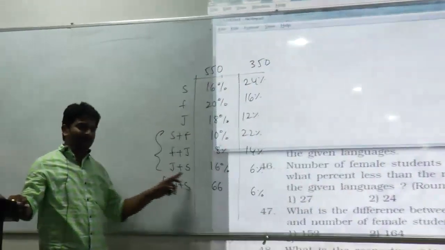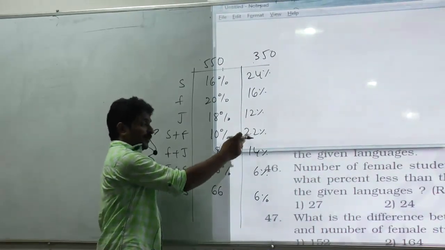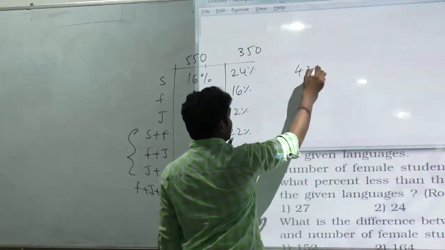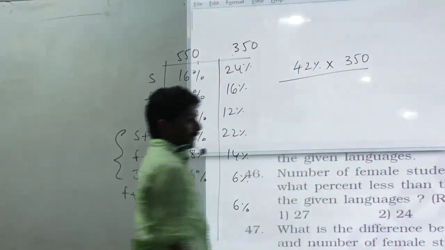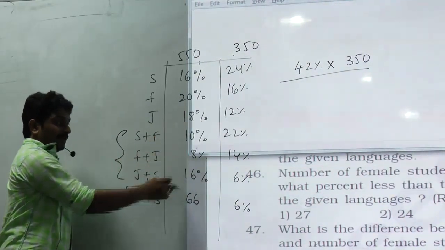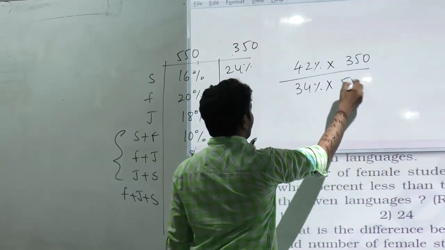Spanish, French, French, Japanese, Spanish and then Japanese. In terms of percentage, 12, 22, 36, 42. 42% of what? 350. And male students 18, 34. 34% of what? 550.